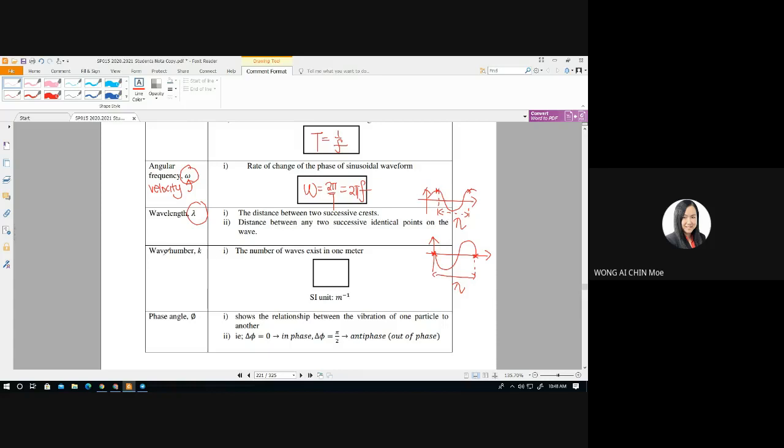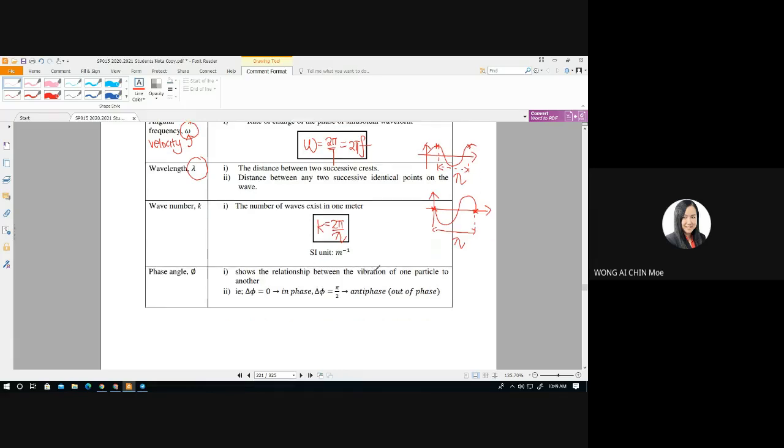Okay, k is the wave number, the number of waves that exist in 1 meter. So meaning that your k will equal 2 pi over lambda. Phase angle shows the difference between the vibrations of one particle to another.